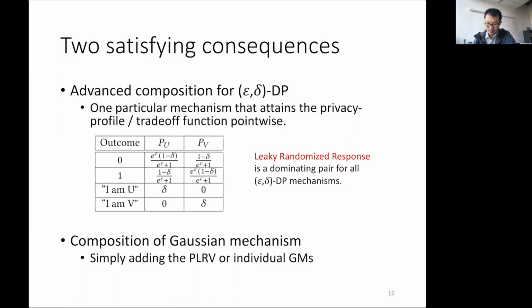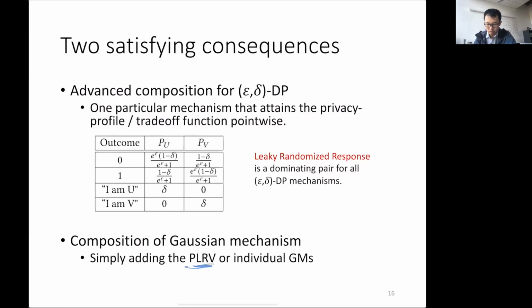But what the theorem from the previous slide on dominating pairs says is that if we can show that this particular pair of Gaussian mechanisms is dominating, then by the composition theorem, the k-fold composition of the Gaussian mechanism will simply satisfy differential privacy in the same way that a single Gaussian mechanism would have, by adding up the privacy loss random variables.